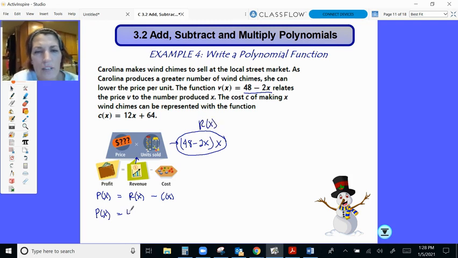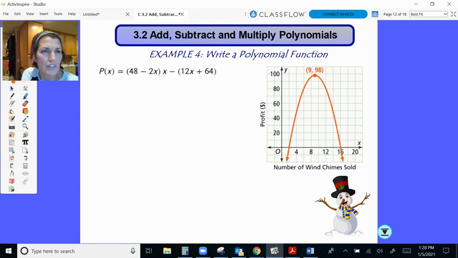So that's going to be 48 minus 2x times x, and then minus my c of x, which is 12x plus 64. Okay? And so if I come over here, that's what this is right here.